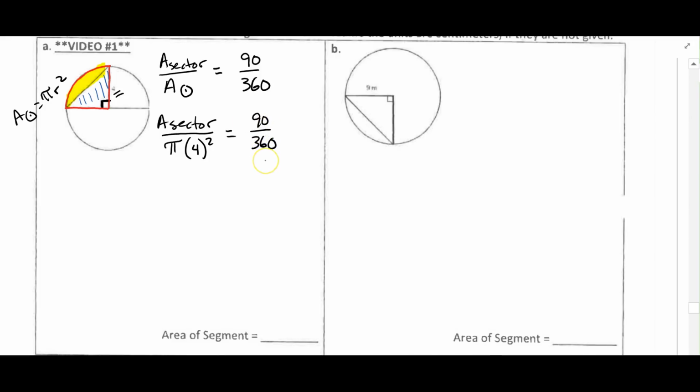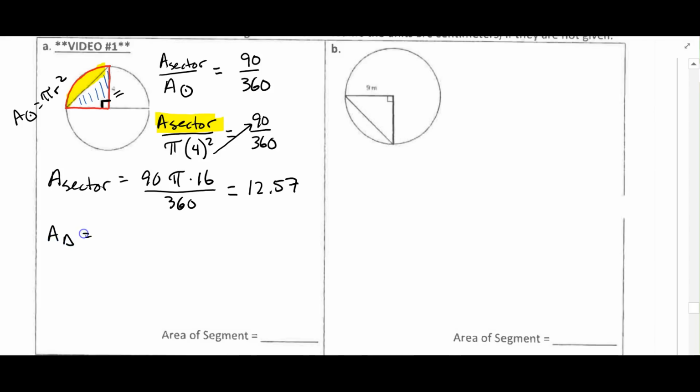If you wanted to reduce that, you could. Remember, since what we're solving for is in the numerator of one of our fractions, a little shortcut is just to cross multiply one way. So we get that the area of the sector is going to be 90 times pi times 16, 4 squared is 16, over 360, which should give us 12.57, and then whatever our units are, units squared.